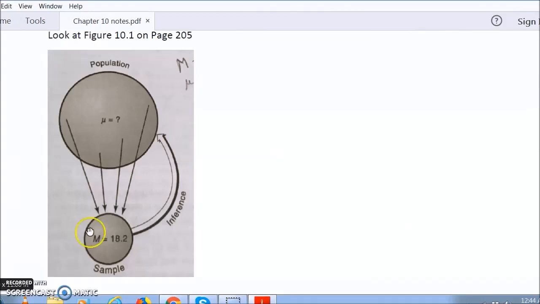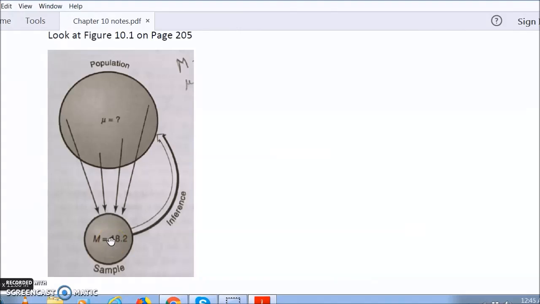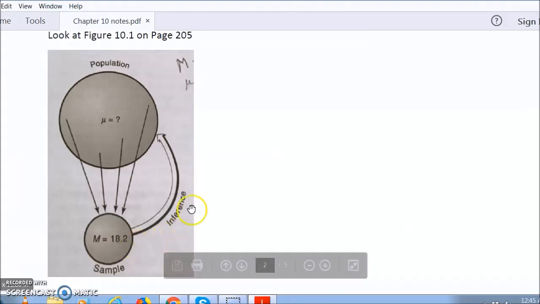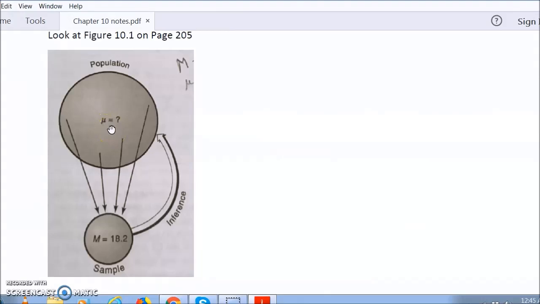Whichever way you have extracted the sample has to be representative of your population so that you can make inferences. So your sample average was 145 centimeters as an average height, and you are making references to what will be the mu, that is the average or the mean height of the population of the boys in the big population.